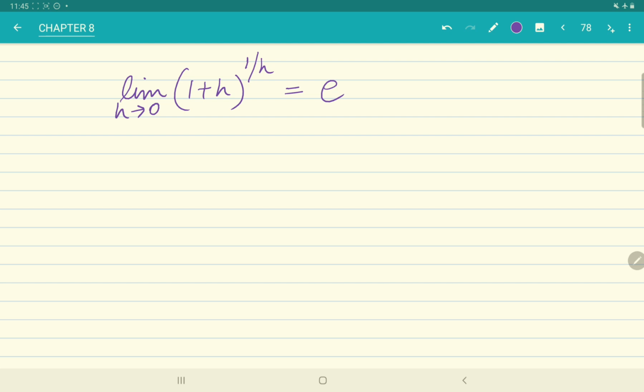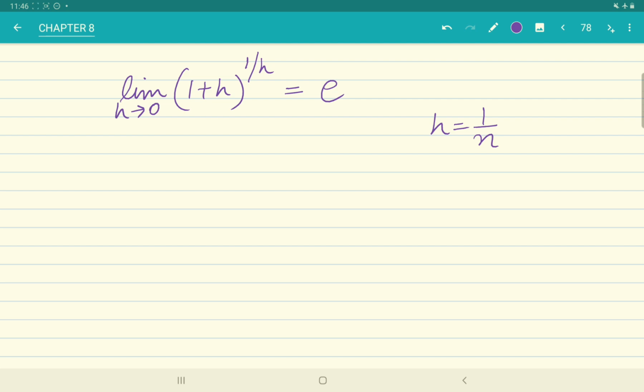And here, if I let h equal to 1 by n, and h tends to 0, wherein n is a natural number, that means this natural number n is actually going to become really large, because if h tends to 0, n is going to tend to infinity. The natural number n will tend to infinity.